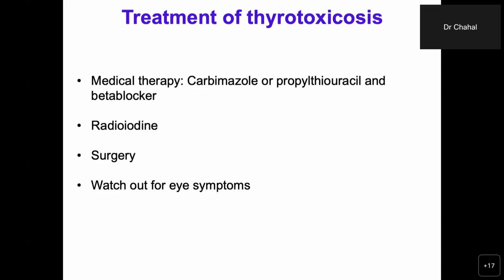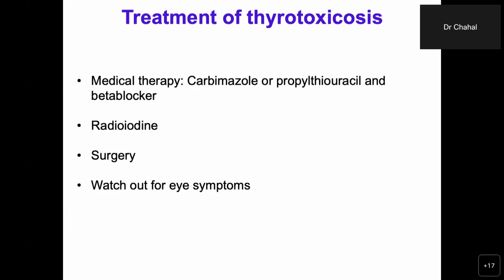But one thing to remember is in your Graves patients, always look out for the eye symptoms, which can occur many years down the line. And these patients may be at risk of problems with the eyes that can develop many years down the line after the thyroid is still treated.